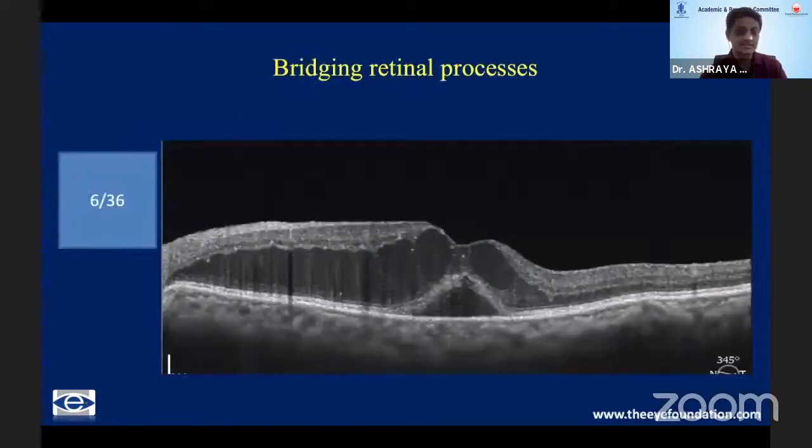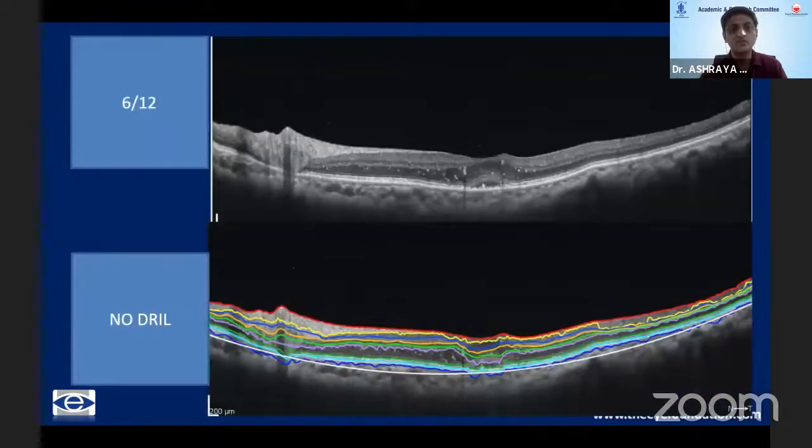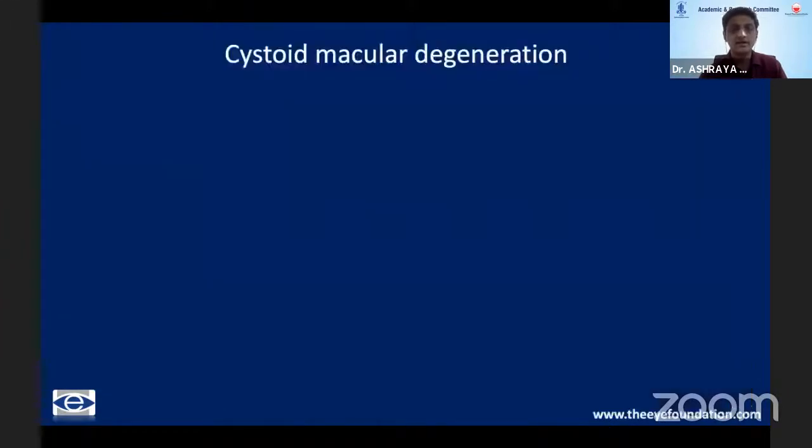So this is a case of bridging retinal processes as described by Farhan et al. These are basically remnants of Muller cells and bipolar cells, and these usually resolve with good vision when treated, and usually are not associated with DRIL.